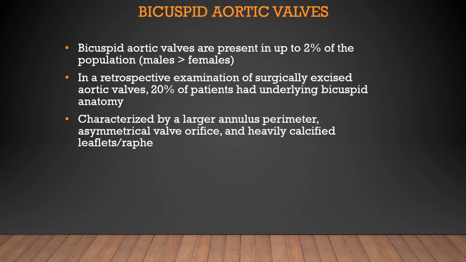It is characterized by a larger annulus perimeter. There's an asymmetrical valve orifice and a heavily calcified leaflet, raphe, and LVOT, and what is normally described as a stovetop aortic root, which is from time to time difficult to evaluate and to treat.